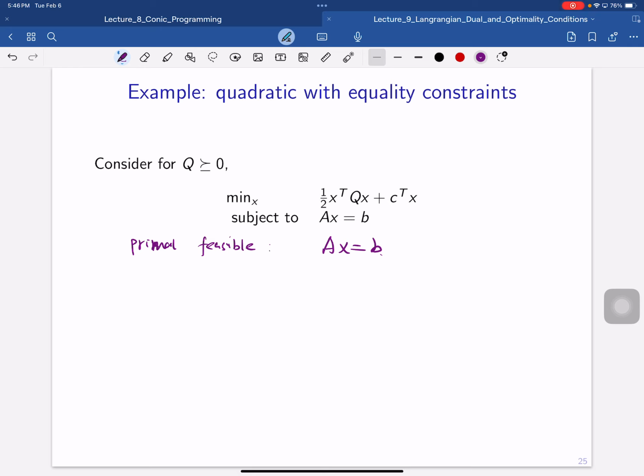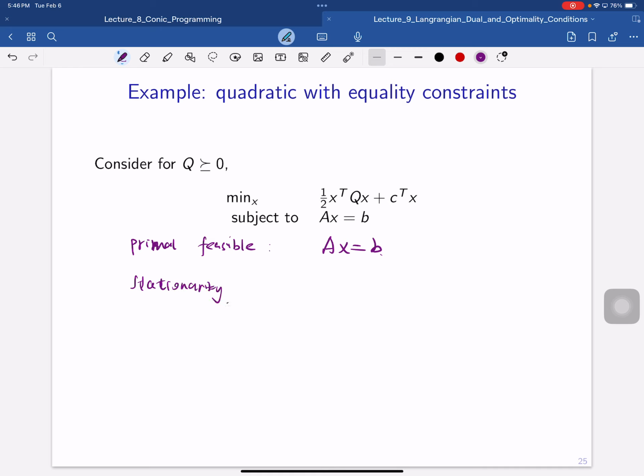And here we do not have any dual feasibility constraint because this is an equality, right? Then the dual variables are unrestricted. And complementary slackness can also be removed because we only have equality constraints. Of course, when you only have equality constraints, complementary slackness is always satisfied. Then the only thing we are missing is the stationarity condition.